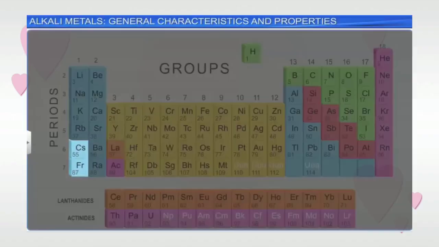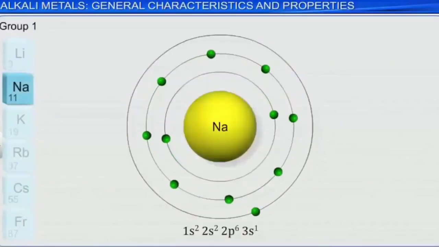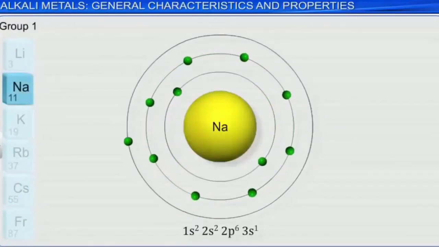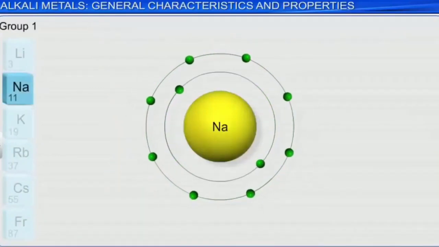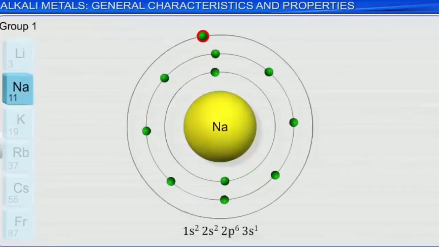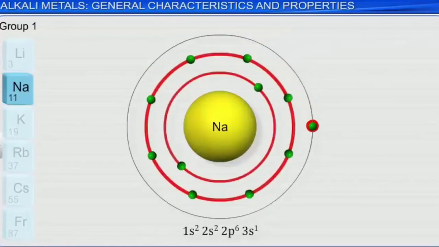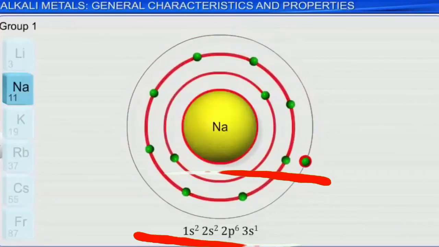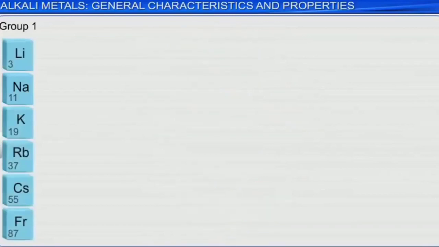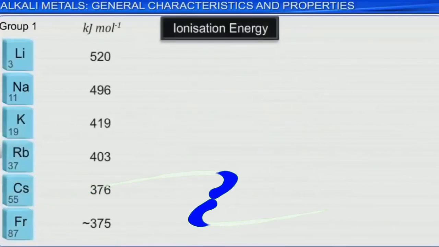Next, we have to study about the ionization enthalpy. As you know, it is the energy required to remove the outermost electron from a gaseous atom. Since alkali metals possess only one loosely bound electron in the outermost orbital, and also since they possess high atomic size, they possess low ionization enthalpy.